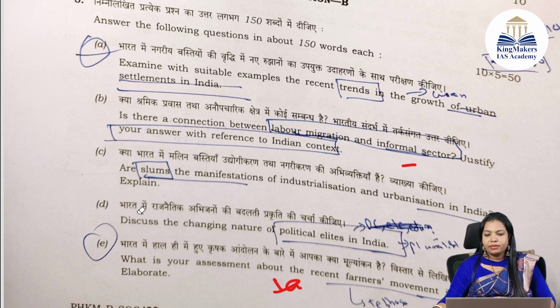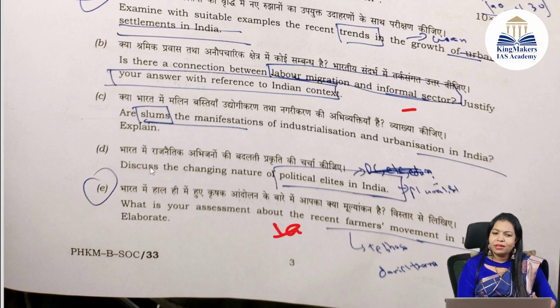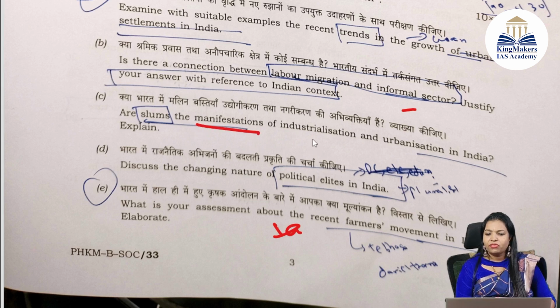Okay, next are slums. The same topic, the question is asked like this: are slums a manifestation of industrialization? Because of industrialization, slums are happening, and urbanization in India also. Here the word is ghettoization.